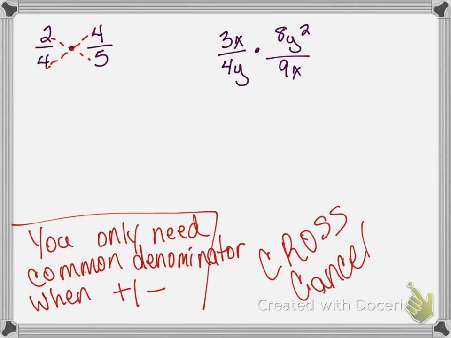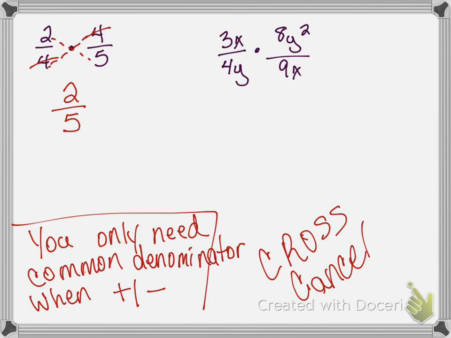So I am going to mark out my 4 and mark out my 4. So I am left with 2/5. Cross-canceling is very, very valuable because you are dealing with smaller numbers, and the smaller numbers that we deal with, the less likely that we'll make a computation mistake. So you do want to use this cross-canceling method.